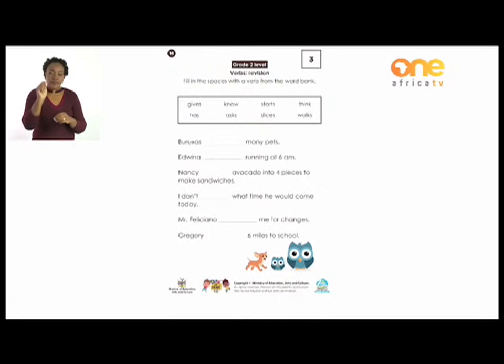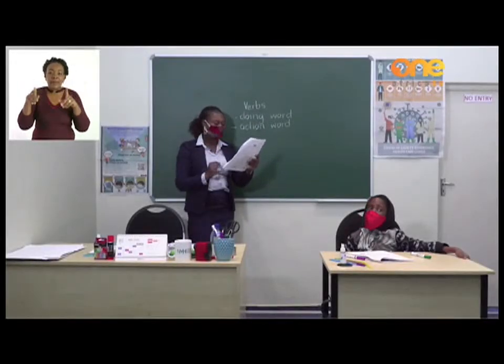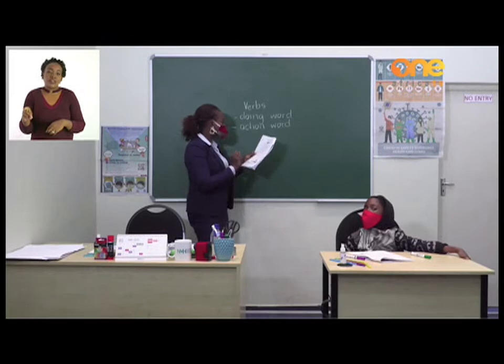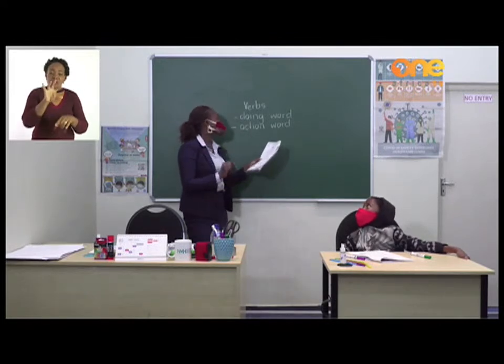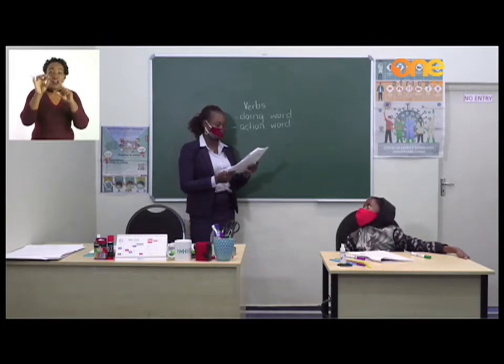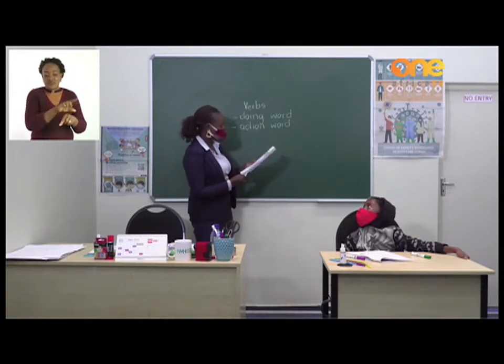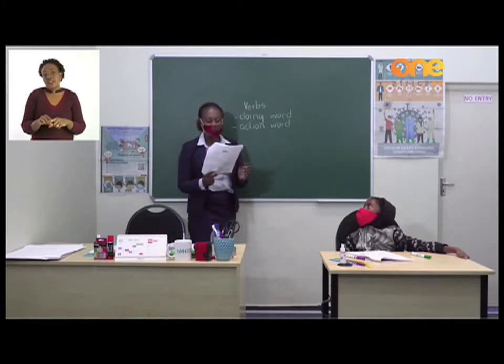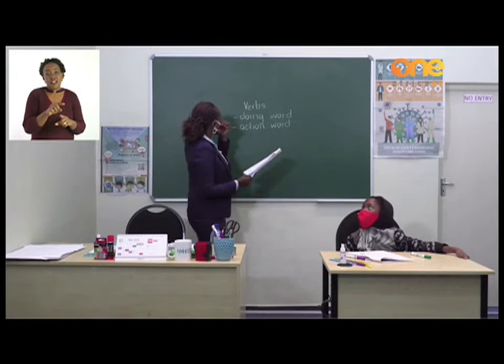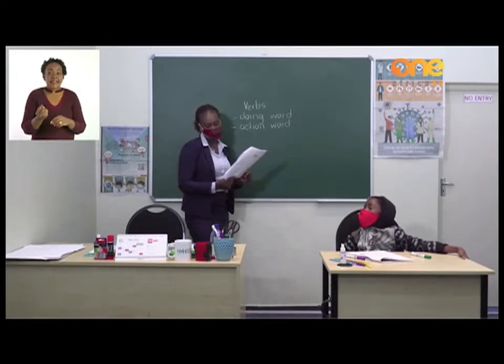The first question is, Baruch says dash many pets. So, you are going to choose a word to complete that sentence. I'll do it for you. Baruch has many pets.